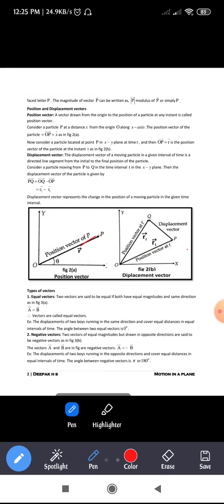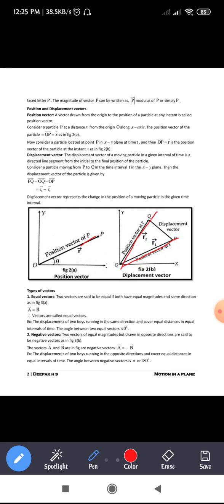Here, to represent a displacement vector, let us say the particle is at P. It moves from point P to point Q. Suppose you draw a line from the origin O to P, and similarly from O to Q. Both lines represent the position vector.